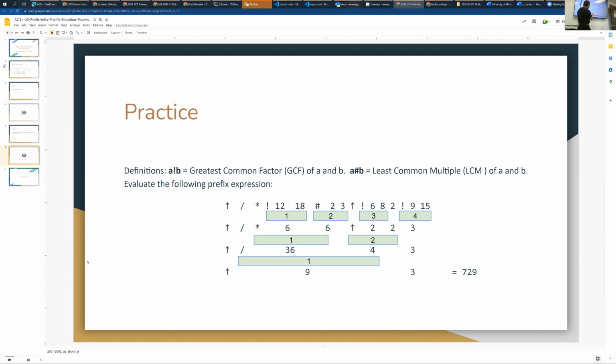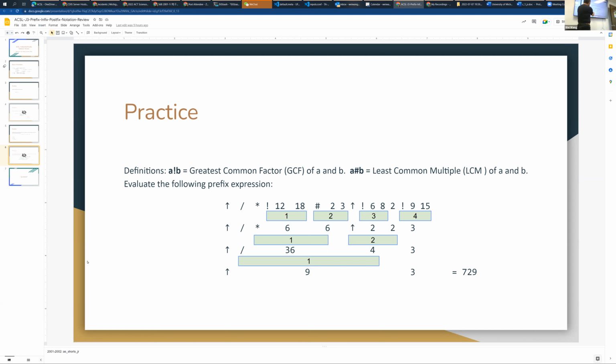Now you look at this, you've got operands and an operator. So that's one you can do, and that's a second operation you can do, right? And so that becomes 6 times 6 is 36. 2 to the power of 2 is 4. So now this is what we've got: exponential, division, 6, 4, and 3.